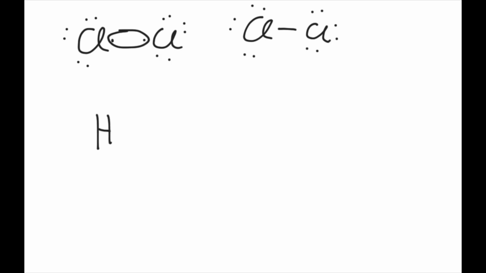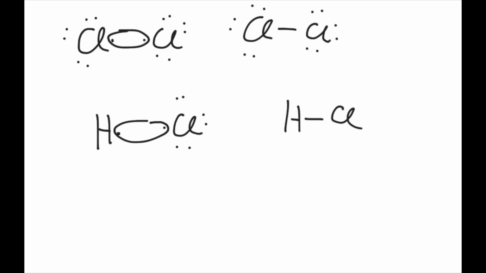However, in the case of something like hydrogen and chlorine, chlorine has 7 valence electrons, hydrogen has 1, and they will share the electrons and form a covalent compound. But if we look at the periodic table, one of these atoms wants to hog the electrons more than the other.